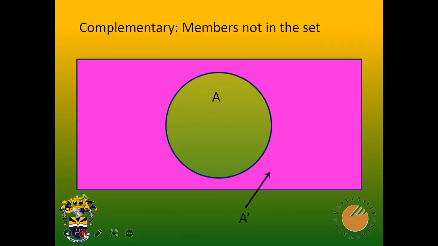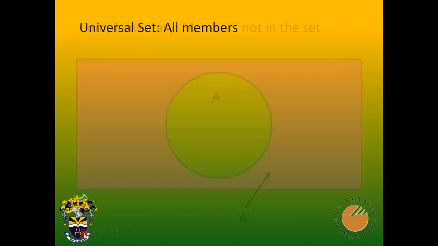So the pink region will be the complement of A. That means A will be deleted from the universal set. So the universal set will be what? All the members of the whole rectangular region. That means all the pink area will be the universal set.